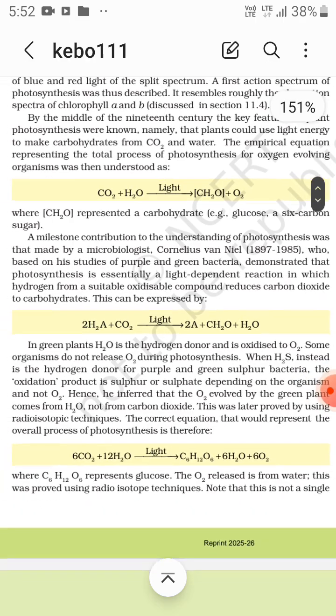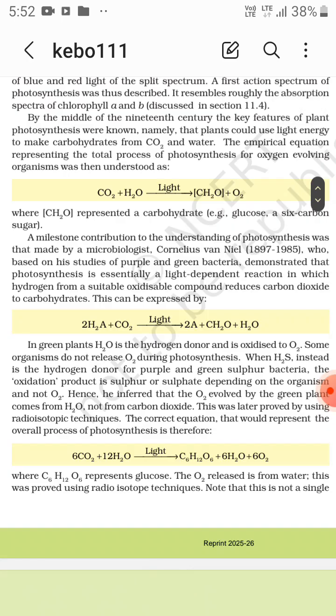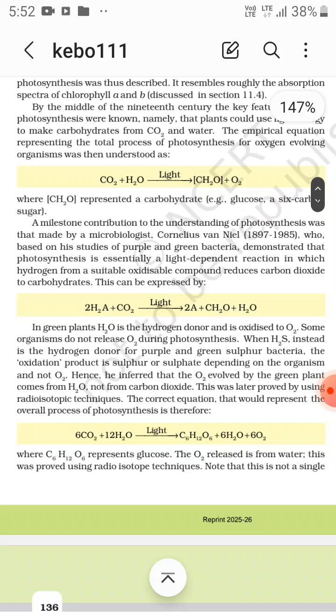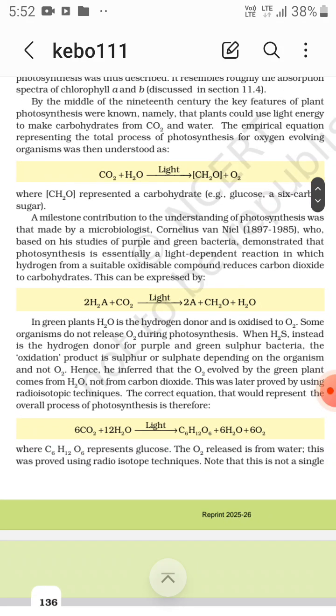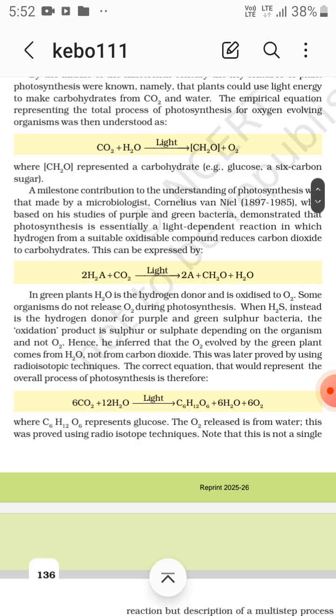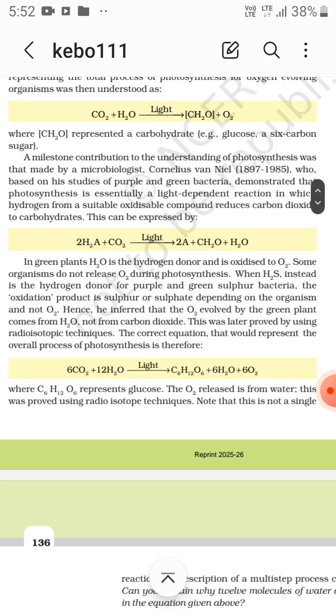Now Cornelius van Niel, who studied purple and green bacteria, demonstrated that photosynthesis is essentially a light-dependent reaction in which hydrogen from a suitable oxidizable compound reduces carbon dioxide to carbohydrates, expressed as 2H2A plus CO2, in light, gives 2A plus CH2O plus H2O.